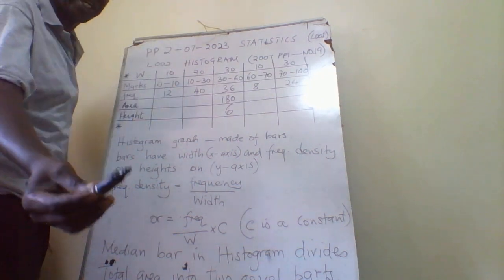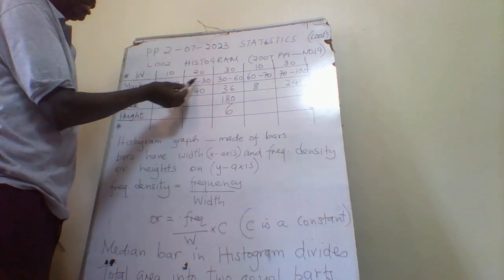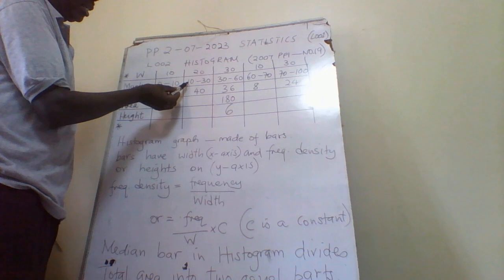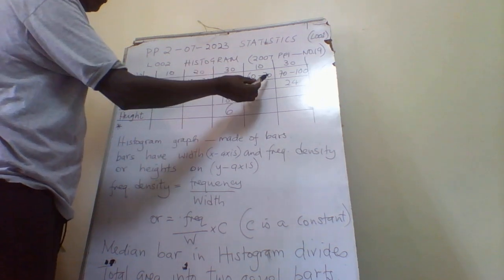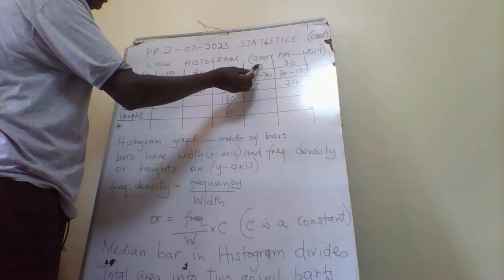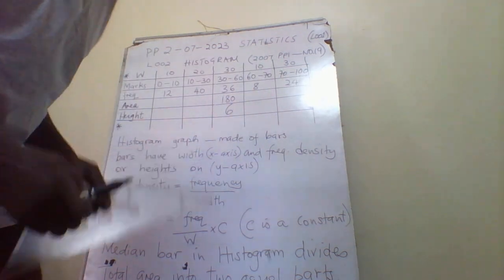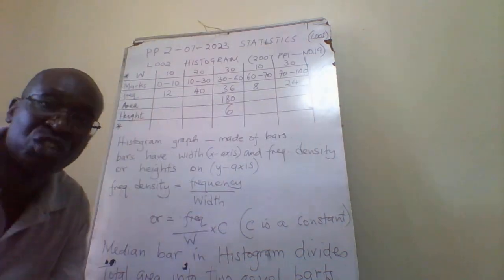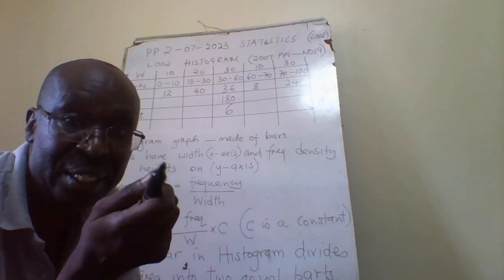So let us repeat. 10 minus 0 is 10. 30 minus 10 is 20. 60 minus 30 is 30. 70 minus 60 is 10. And 100 minus 70 is 30. Remember, you subtract straight if it is overlapping classes.